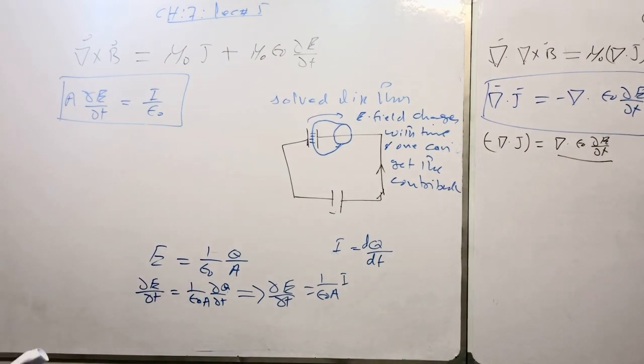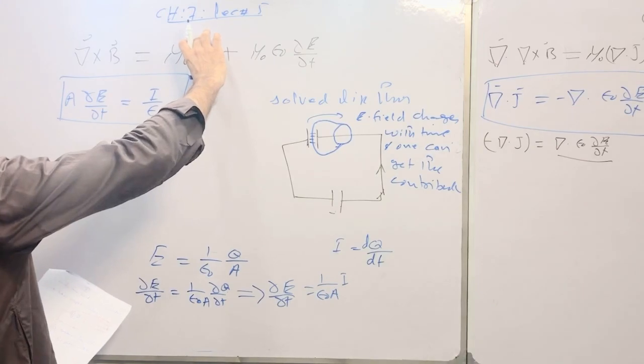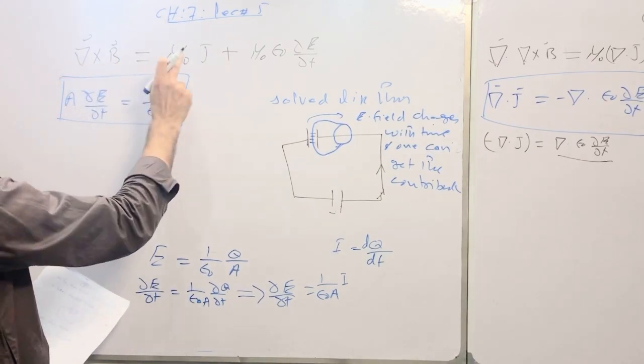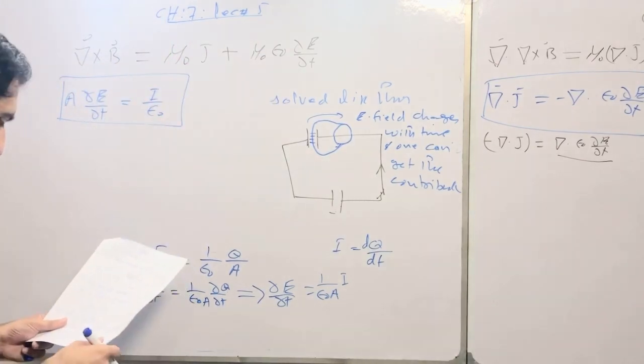As we know, the Ampere's law with correction term, del cross B, is equal to this.